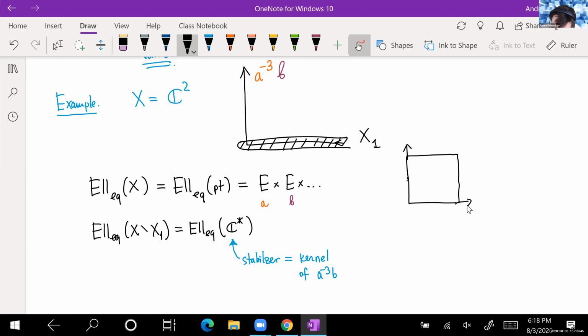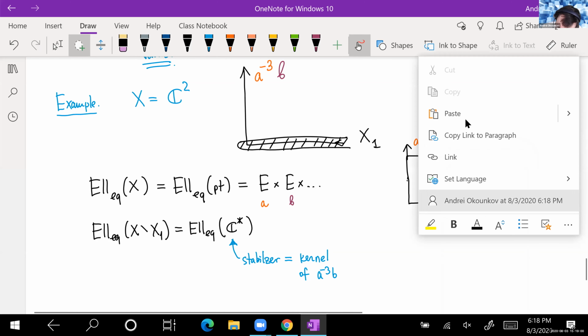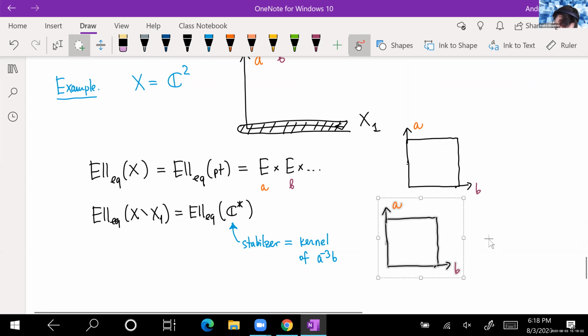Maybe call this coordinate B and this coordinate A. And now here, the kernel of A minus cube B, well, that's the image of B equals A cubed. So this looks like this.